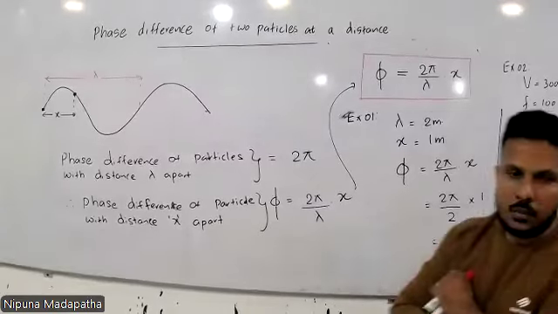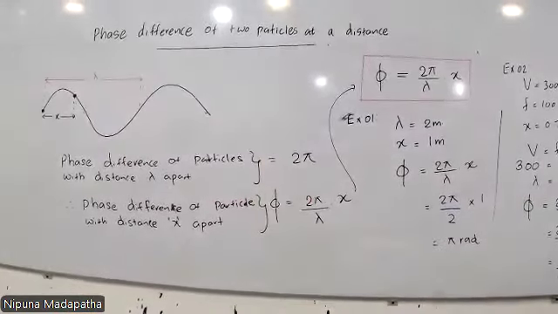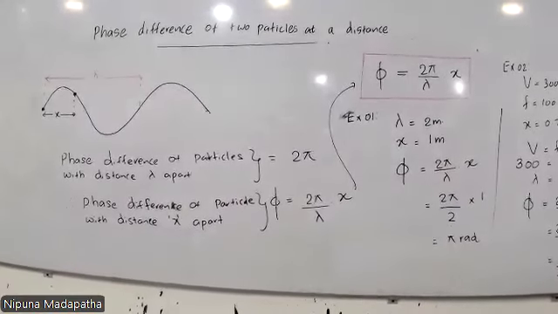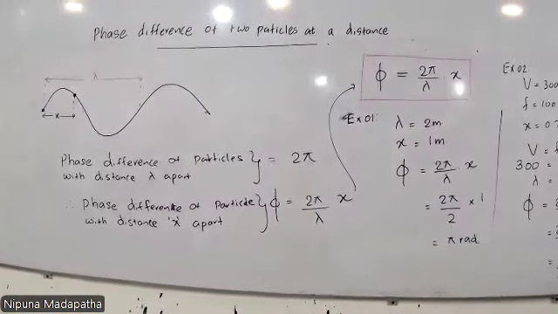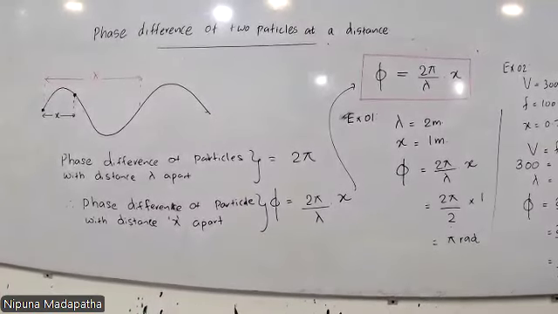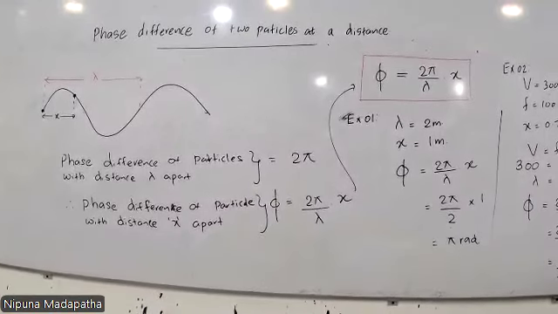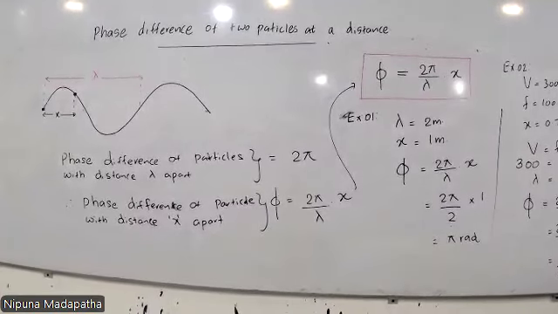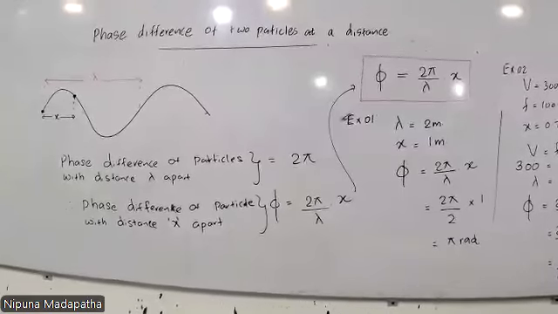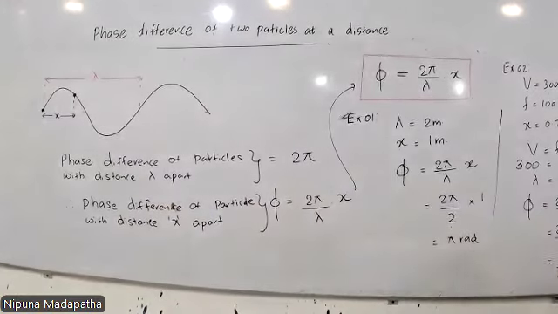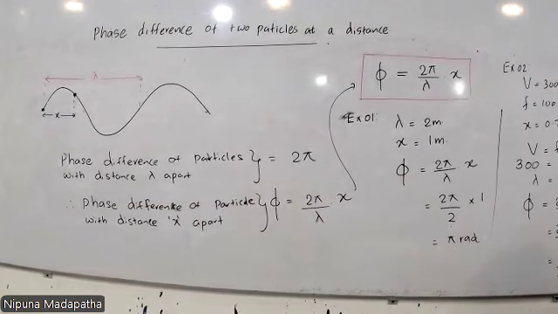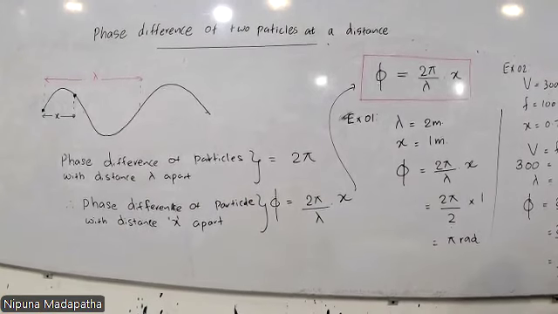Right. Next example. Speed of a wave is 200 meters per second, and its frequency is 100 hertz.